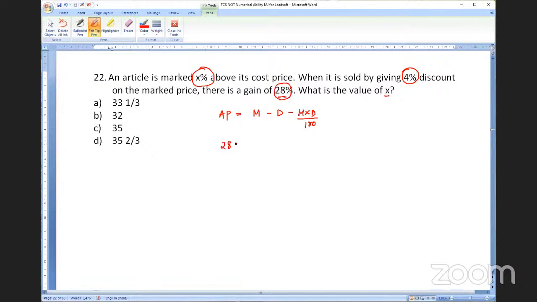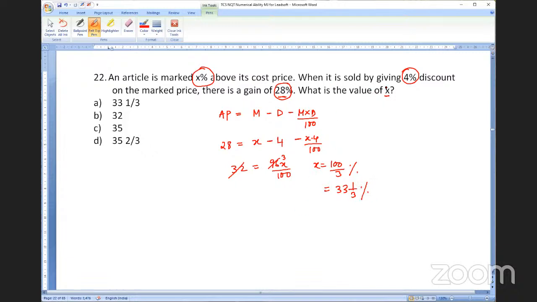So actual profit is 28, marked up is X, discount is 4, minus X into 4 by 100. 28 plus 4 is 32. X minus 4X by 100 gives us 96X by 100. This goes 3 times. So X is 100 by 3 in percentages, that would be 33 1 by 3%.